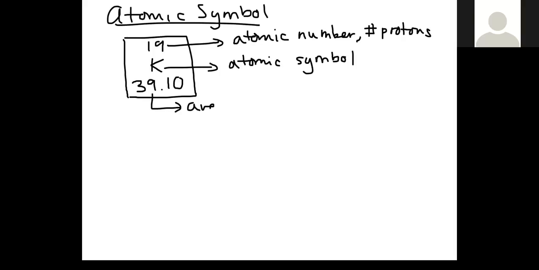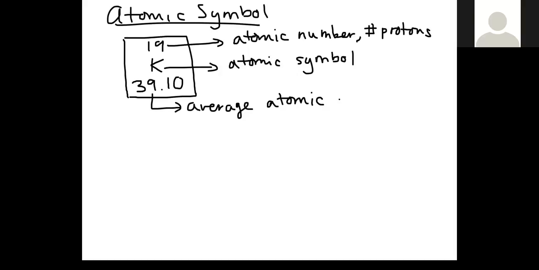Now, potassium can have different masses. That's called different isotopes. We're going to talk about that more on Thursday. But some isotopes occur more often than others.